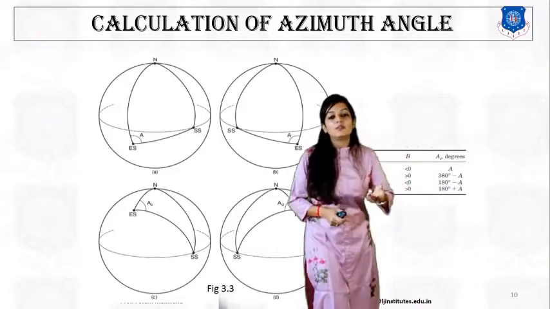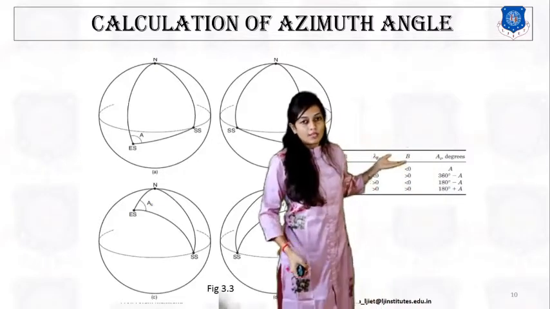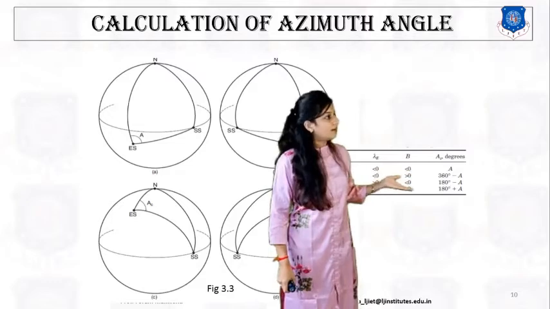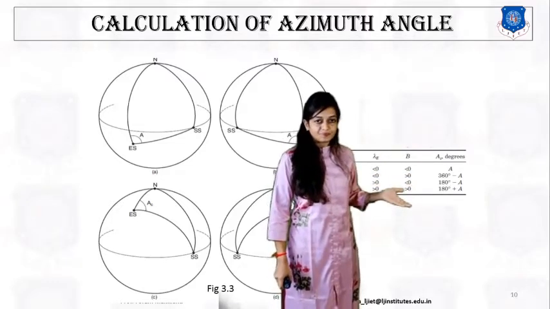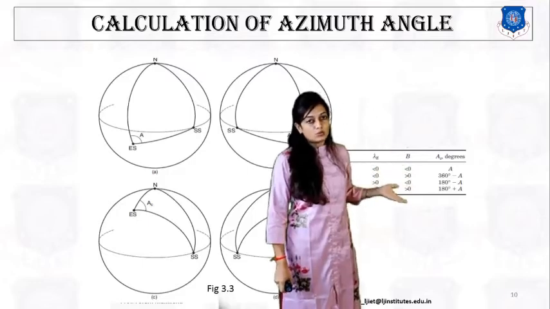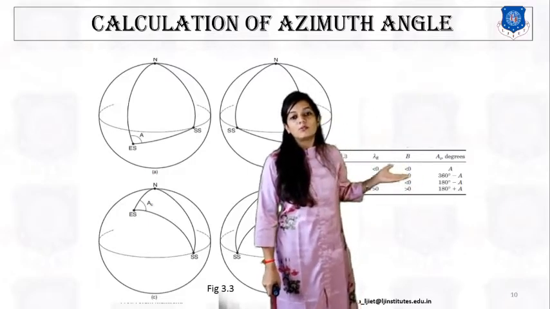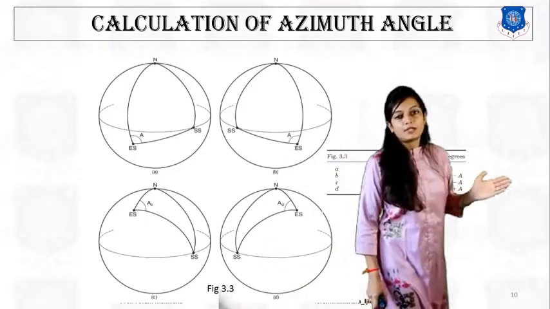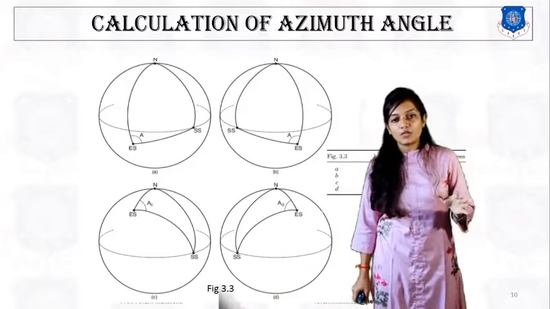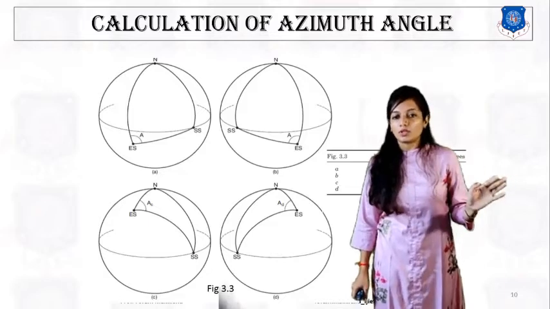Why? Because the value is negative. Capital B will be negative. Why? Because it is towards the south. Alright. So both the values are negative. That's why we are going to calculate the azimuth angle as capital A. Whatever the value of A will be the value of azimuth angle.